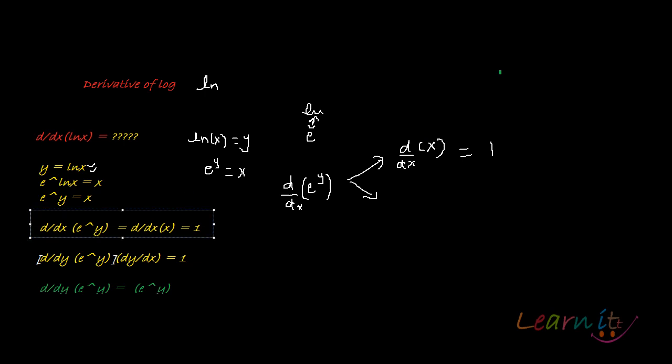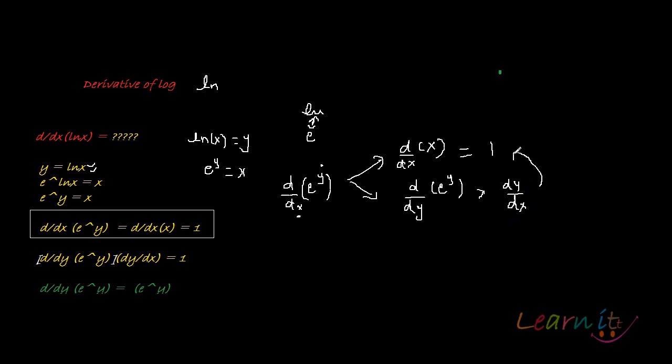But another longer way is that since I have a function of y here and d by dx here, I'll have to use the chain rule. So d by dx of e to the power y will be d by dy of e to the power y into dy by dx, correct?